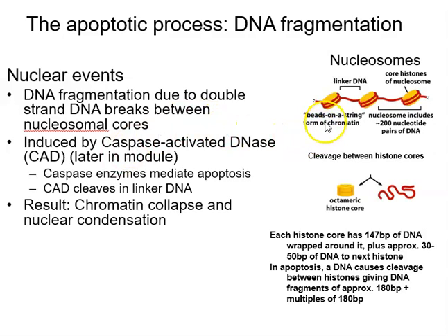It will cleave here and here, and it means that the DNA in the apoptotic cell is cut up into fragments which are multiples of about 180 base pairs. We can run that DNA out on an agarose gel and visualize the fragments and see that this is classic for apoptosis. But we'll see that in much more detail later on, and I'll talk about CAD in the caspase section of the intrinsic apoptosis recording, which is coming up next.